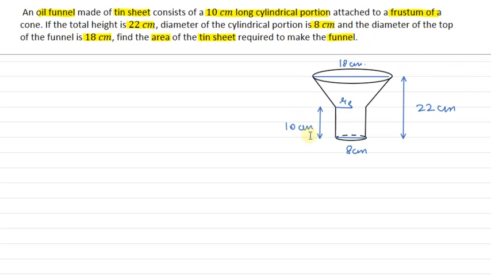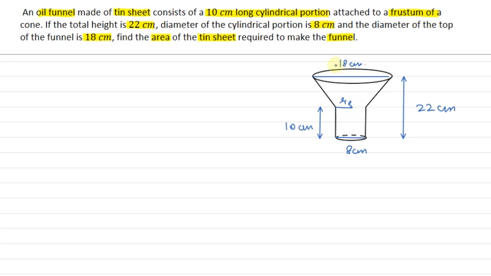So let's look at the figure. In this figure we can clearly see the upper one is a frustum and the lower we have a cylindrical base. The dimensions are given to you. What we have to do in this question is to find out the area of tin sheet required. So if this is a funnel, this means we have to pour oil from the top and this will come out from the lower end.